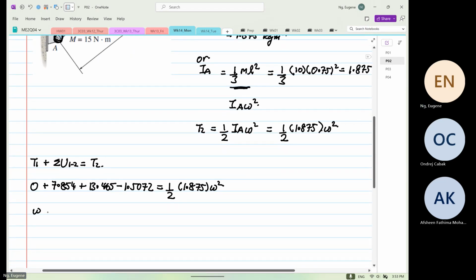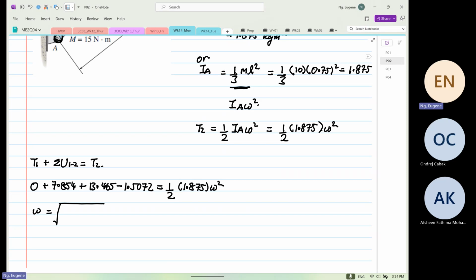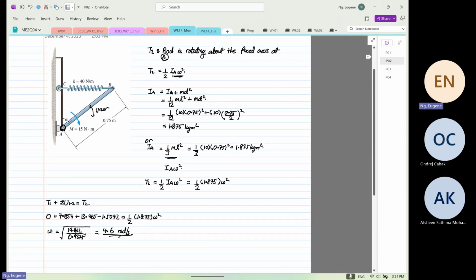So from here, omega will be equal to 7.854 plus 30.461 minus 1.5072, 19.812, divided by 0.5 times 0.4, 0.9375, which is 4.59 or 4.6 radians per second. So the only difference from the example on Friday is this one includes the spring force, and it's not any harder. Are we clear?